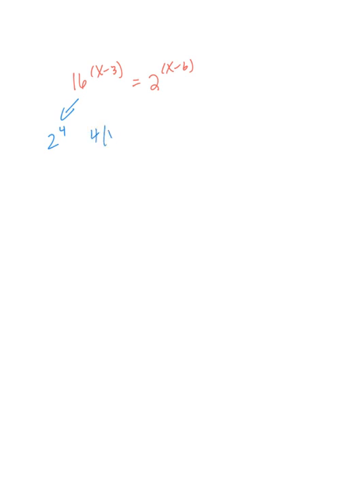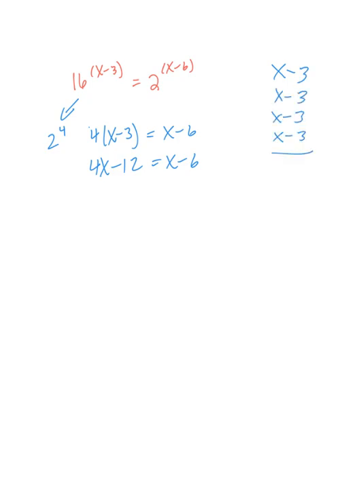So we have 4 times x minus 3 equals x minus 6. We have 4x minus 12. Don't forget that this is 4 groups of x minus 3. 1, 2, 3, 4. And that's where you're getting your 4x minus 12, is because you have these groups.